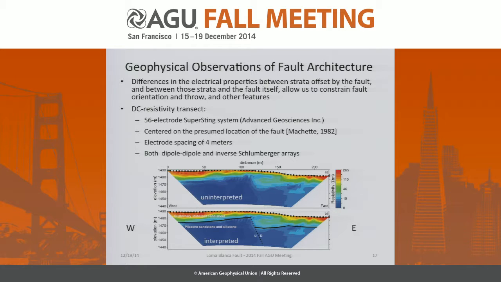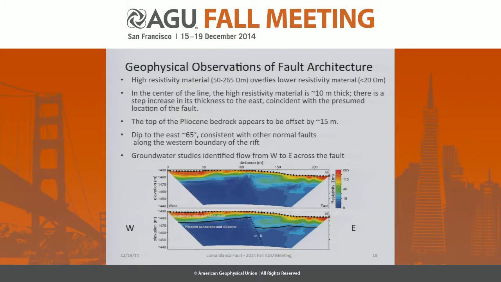And you can see the change in depth here of the shallow sediments, interpreted below to be a normal fault, dipping at about the right angle for this part of the Rio Grande rift. So it looks like we pretty much have the kind of behavior we would expect to see in this fault. That's about 10 centimeters of sand sheet here, another 15 over here, a fault throw of about 15 meters. Flow in the groundwater is from west to east across the fault.